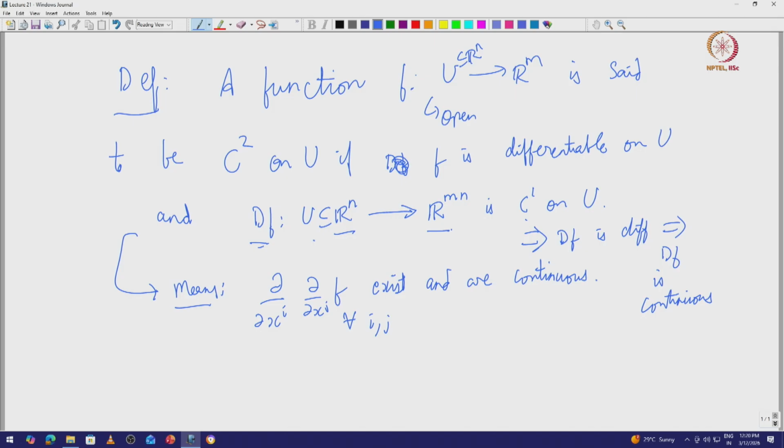And any differentiable function is continuous, and hence f is differentiable, and hence f is continuous. Which means a C2 function is also C1. C1 functions are also continuous.